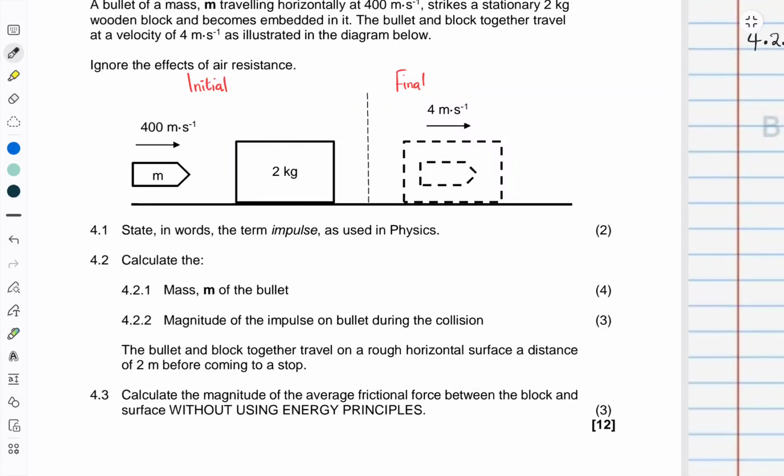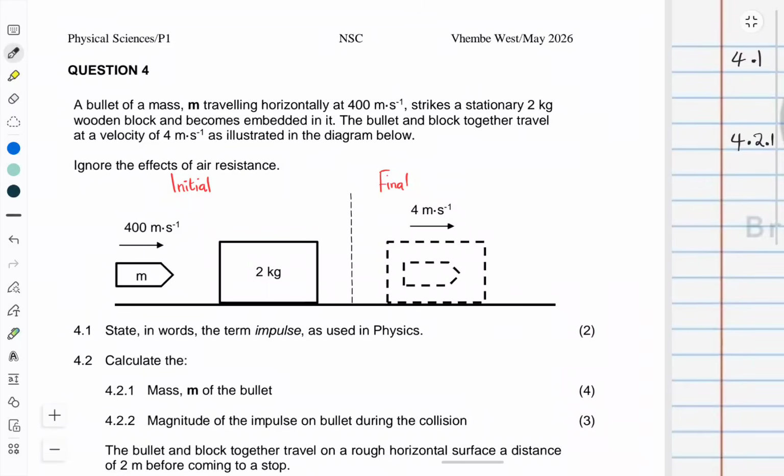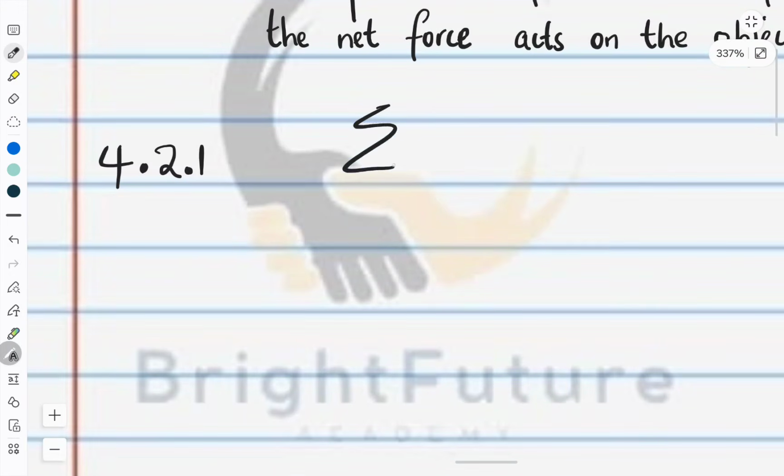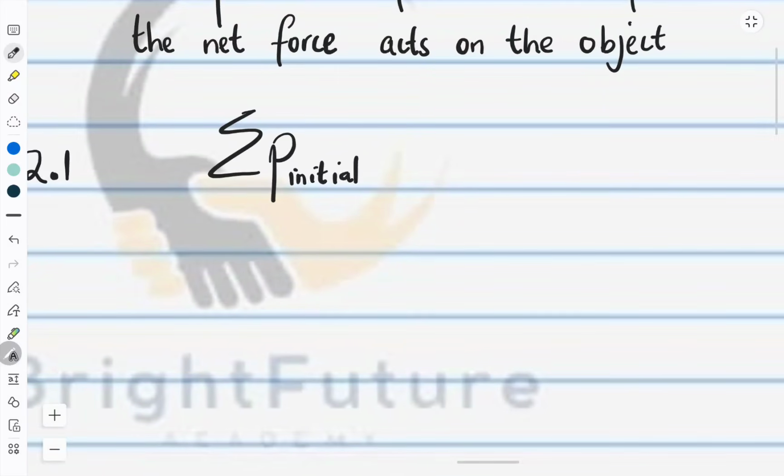Calculate the mass of the bullet. Since this is an isolated system, you can use the conservation of linear momentum to find the mass of this bullet. What we normally say is the sum of the initial momentum is equal to the sum of the final momentum.